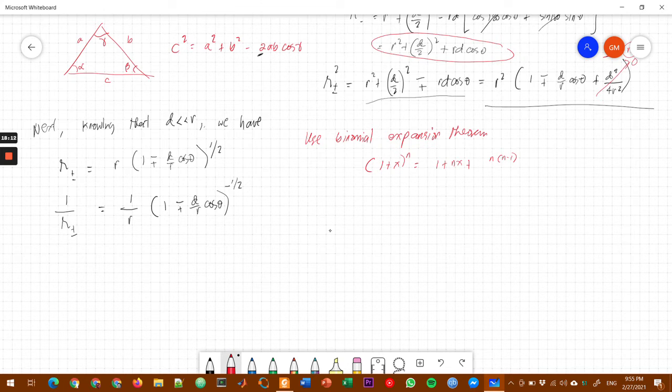You can look it up in any mathematics book, or just search on Google for the binomial expansion theorem.